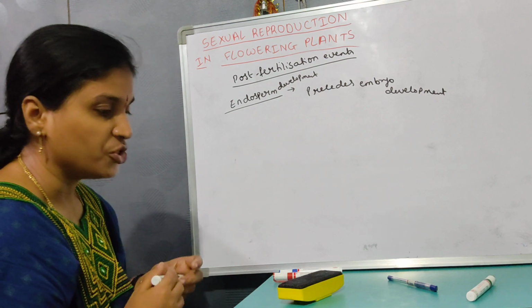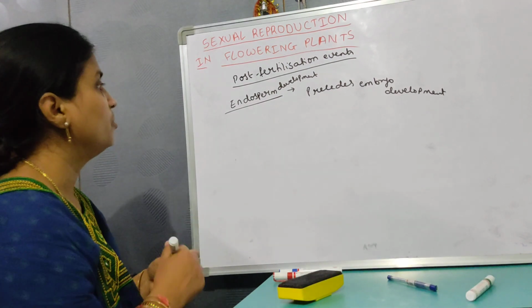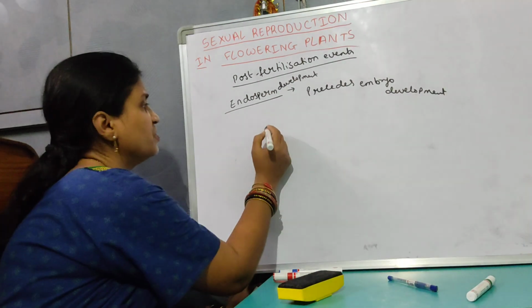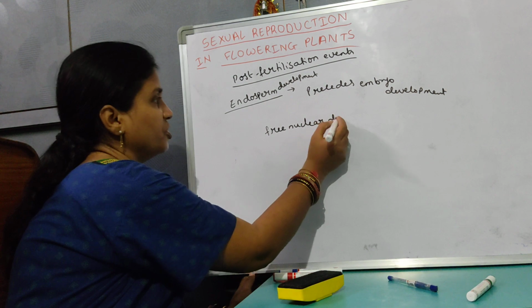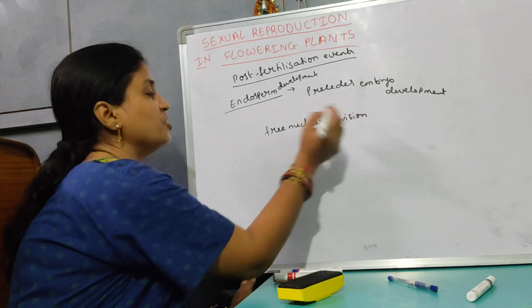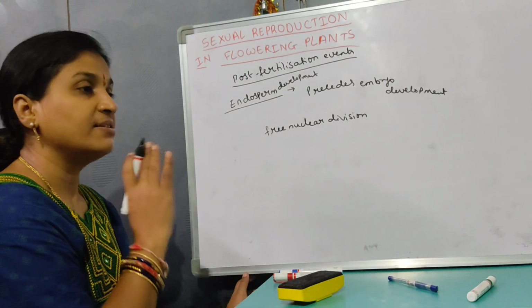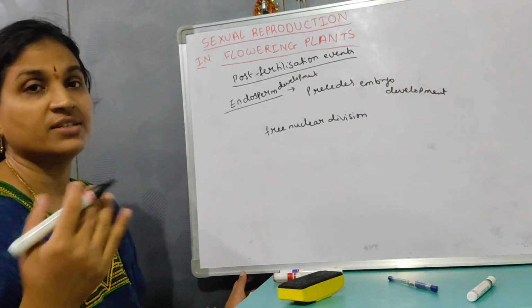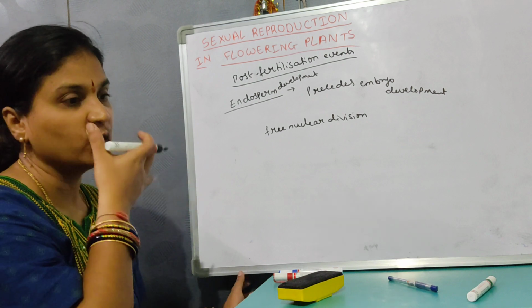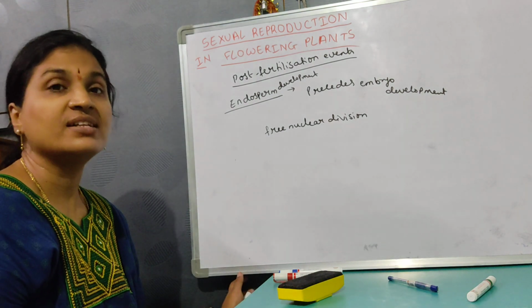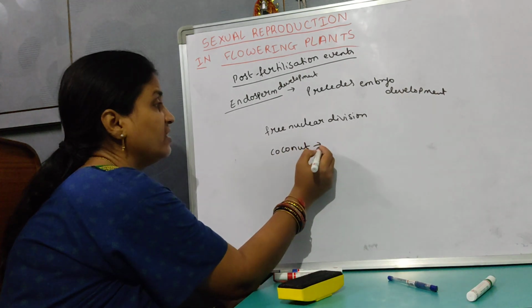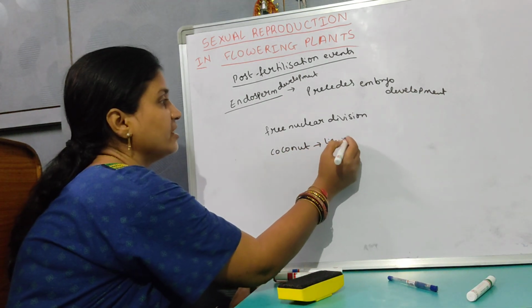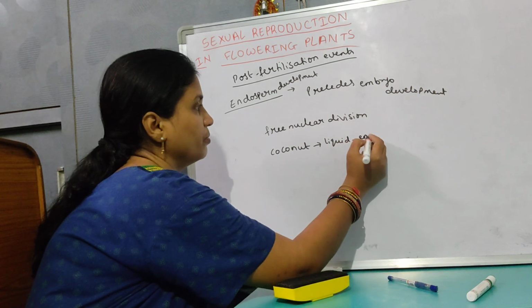This primary endosperm nucleus will be undergoing several nuclear divisions, which are called free nuclear divisions. After the free nuclear divisions, the cell wall formation will be taking place and develop into cellular endosperm. But this free nuclear division and cellular endosperm can be clearly seen in the coconut, where the liquid is nothing but the liquid endosperm.